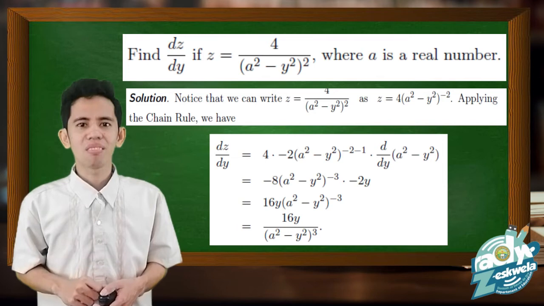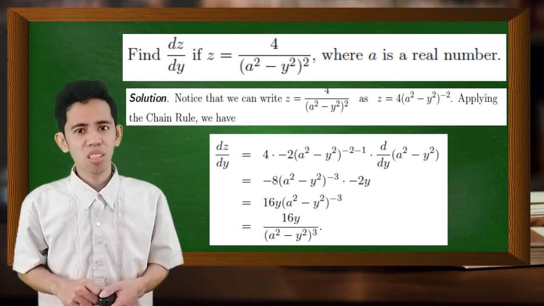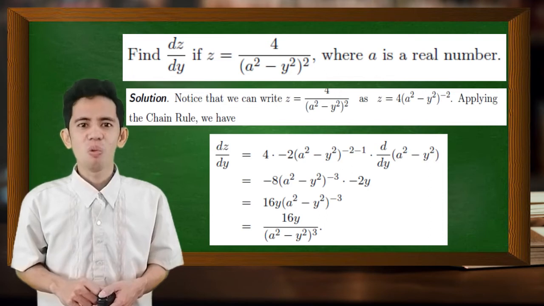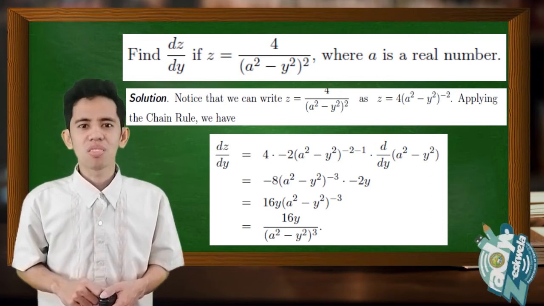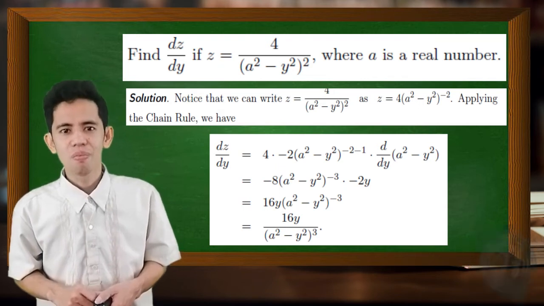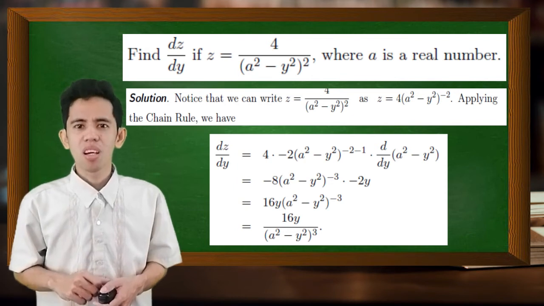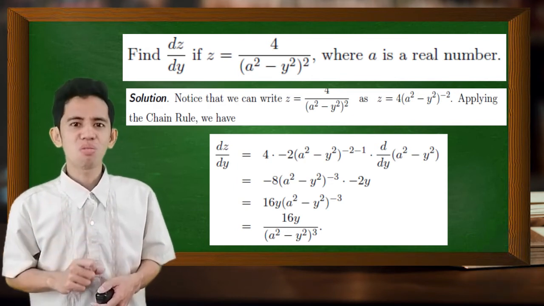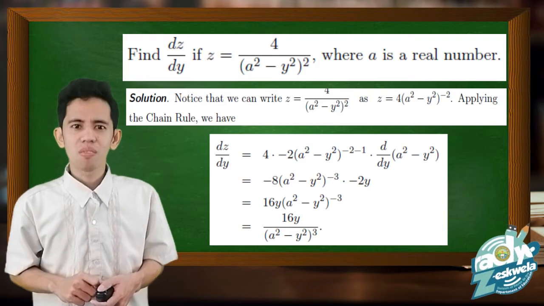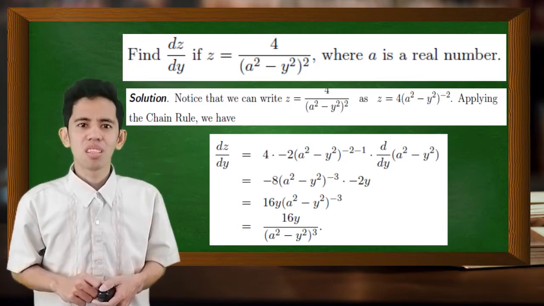After, we have negative 2 times quantity a squared minus y squared to the power of negative 3/2 times negative 2y. Simplify, and we come up with 4y times quantity a squared minus y squared to the power of negative 3/2.